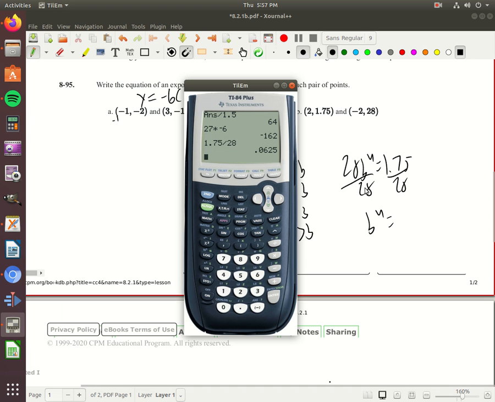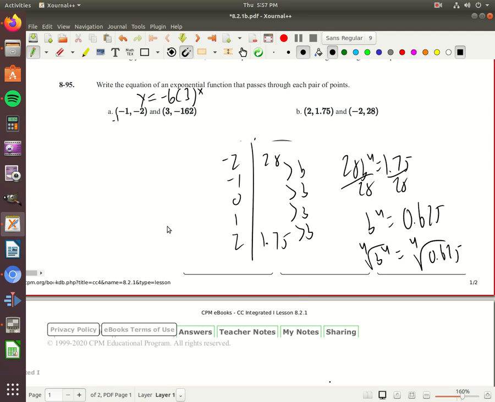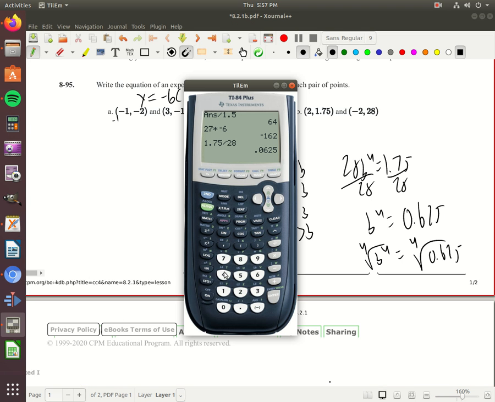Sorry, this video is getting long. 0.625. Obviously, I need the fourth root here, so I'll take the fourth root of b to the fourth. I'll take the fourth root of 0.625. Man, it's like not registering there.